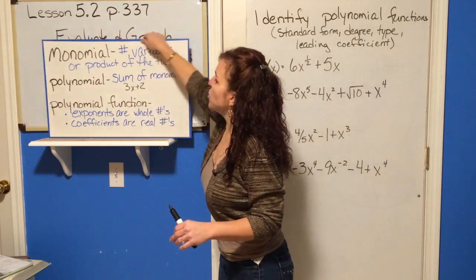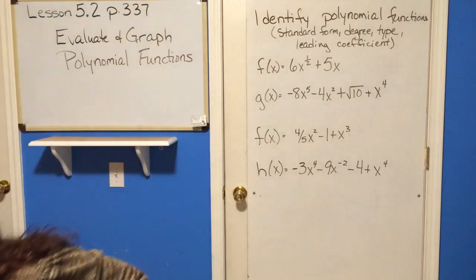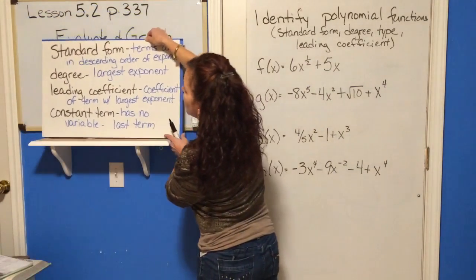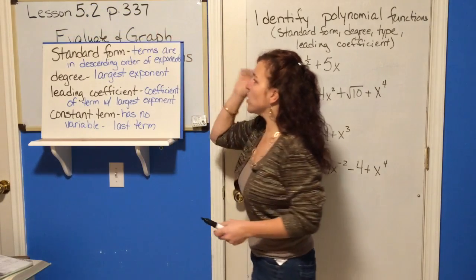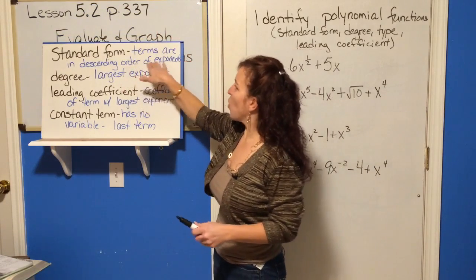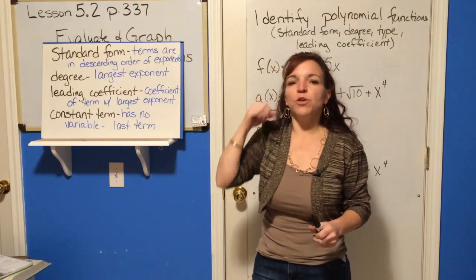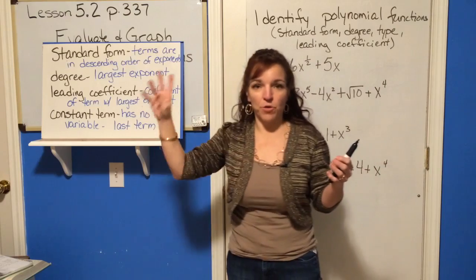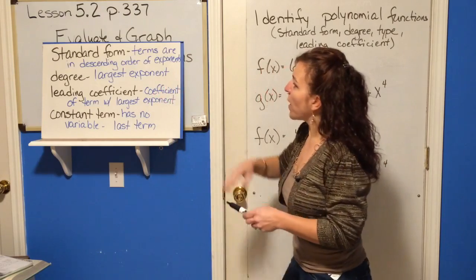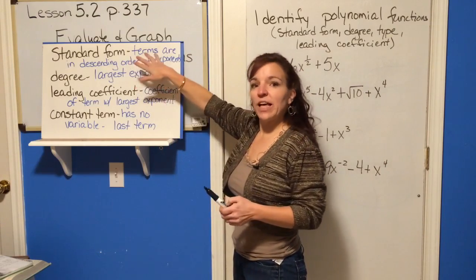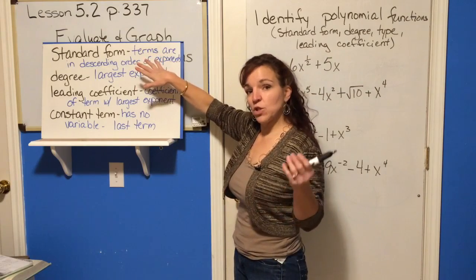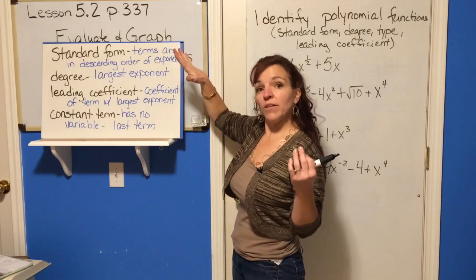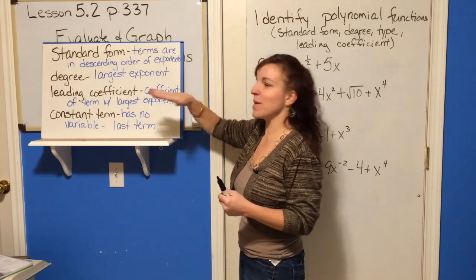All right, so once you have those functions, now you can put them in standard form. In standard form, it's just when the terms are in descending order of their exponents. So if you've got a squared term and a fourth term, the fourth term has to come first because that's bigger. So x to the fourth plus 2x to the third minus 3x squared plus 4x plus 0 or something like that.